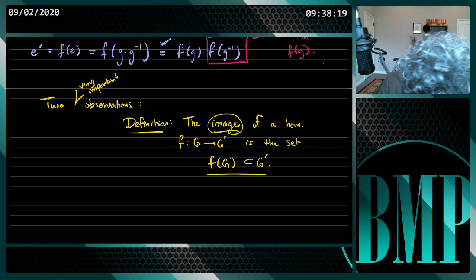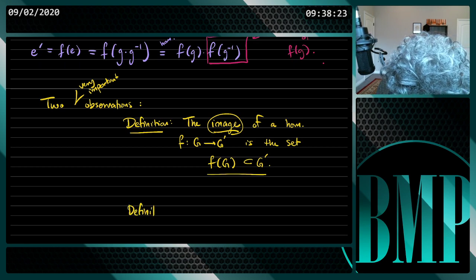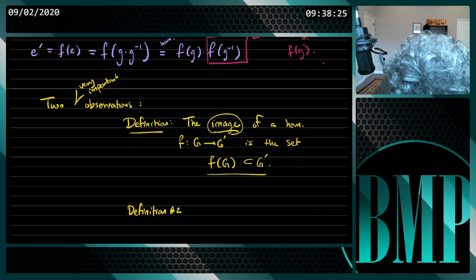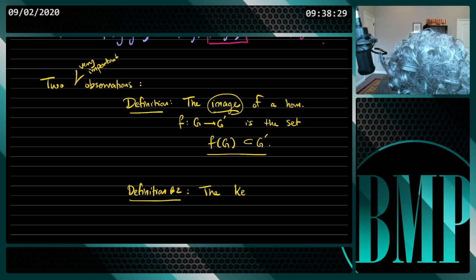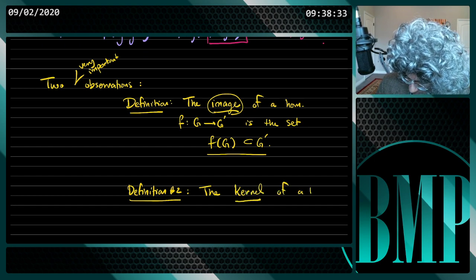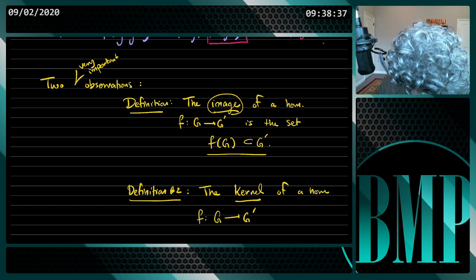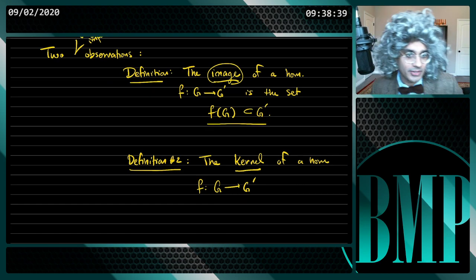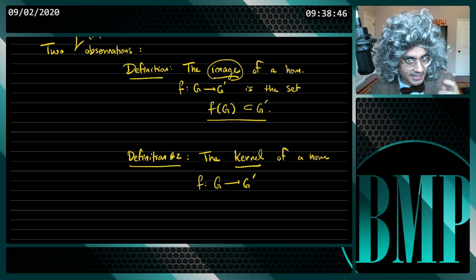Okay, and definition number 2. The kernel of a homomorphism is the collection of inputs that get sent to the identity.